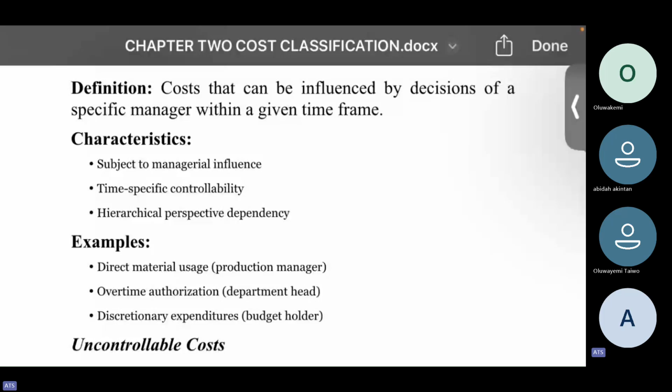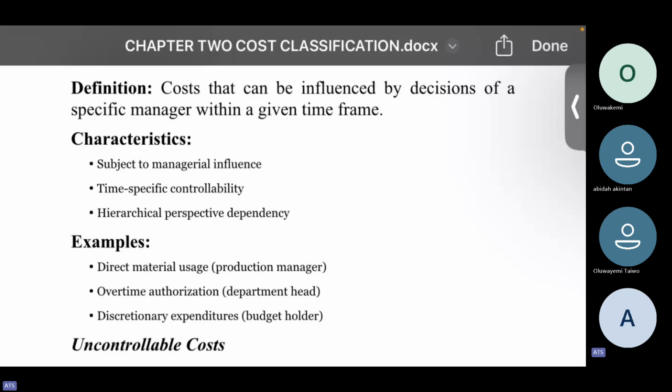But then during the day, instead of using those 10 hours for production, maybe you allowed your employees to go for extra breaks, and at the end of the day you did not hit your quota. You now had to spend more on overtime, because if they are going to wait after closing hours, you're going to pay them for overtime. By doing this, you have increased the cost that you were supposed to spend, and this is something you would have controlled if you did not let them take breaks that were not needed during the day, if you controlled that idle time. So that's an example of controllable costs.